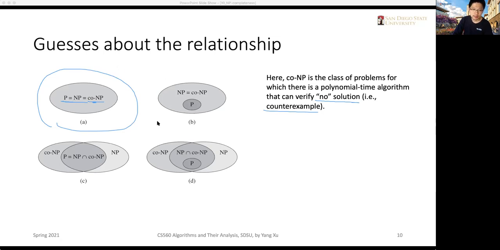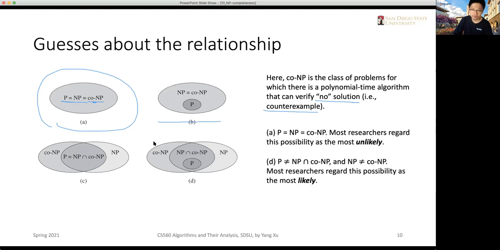And the second one is that P is a subset of NP, right? And C and D are also different types, where there are some intersections between co-NP and NP, and P is just the intersection of these two, right?